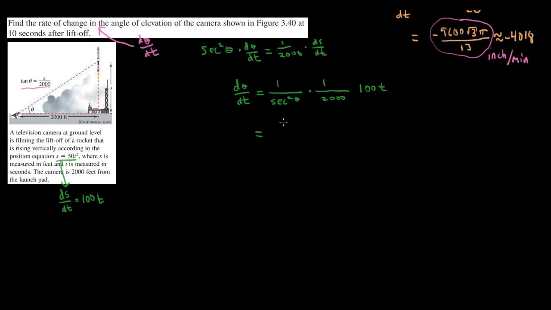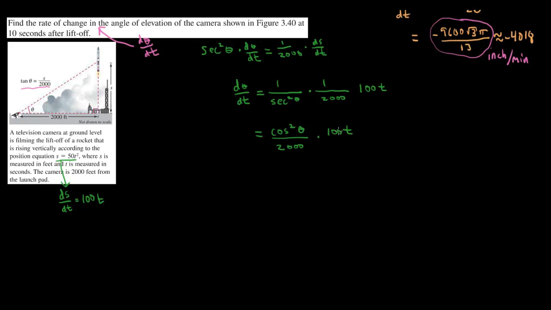But what is 1 over secant squared? 1 over secant squared, that's cosine squared, just by your basic trig identities. So we can say cosine squared theta over 2,000 times 100t.